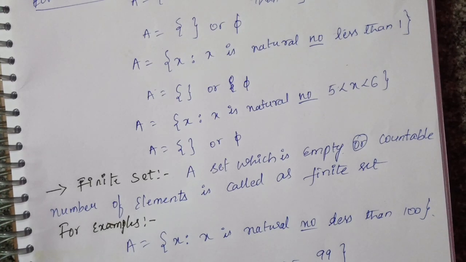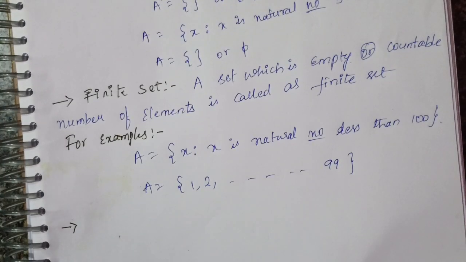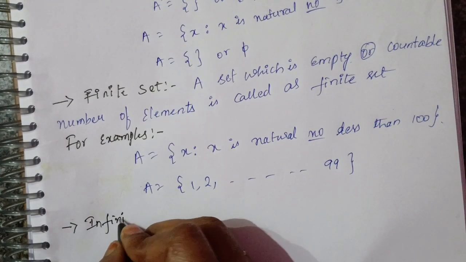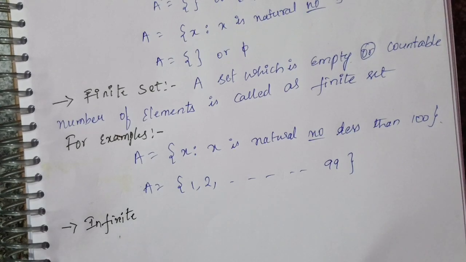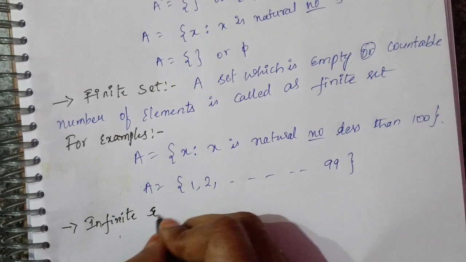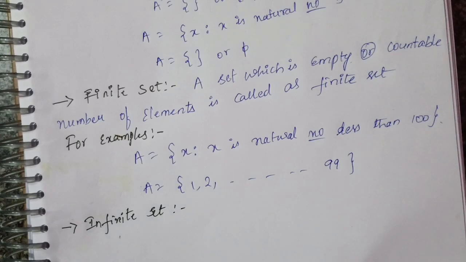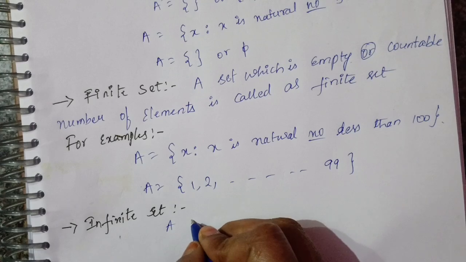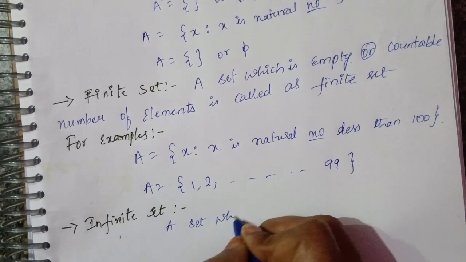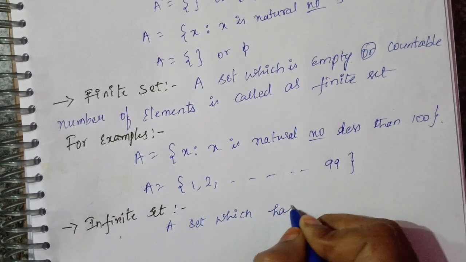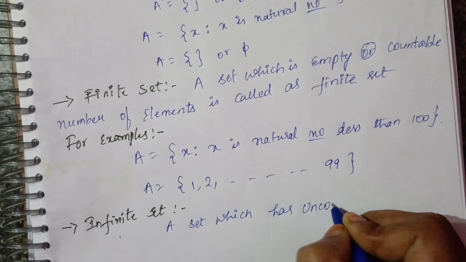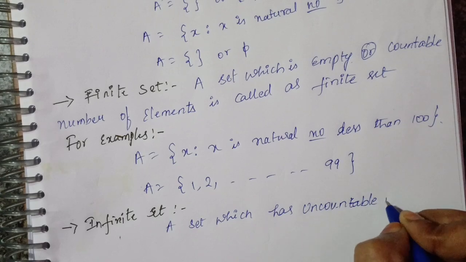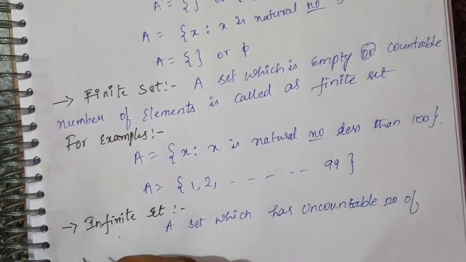Next we see infinite set. Infinite set means a set which has an uncountable number of elements.